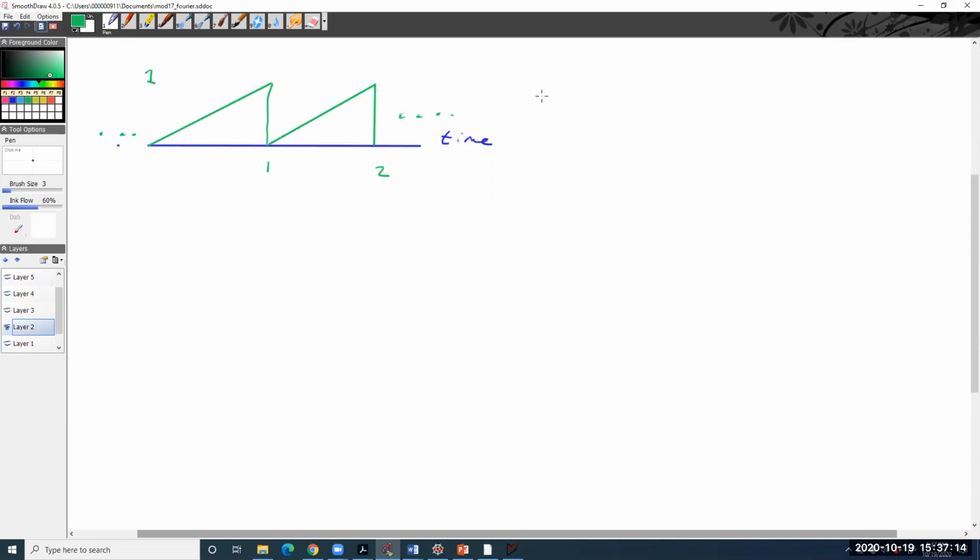The period is 1; we can see that it's repeating in 1. So the frequency is 1 hertz, and omega naught is 2 pi times f.